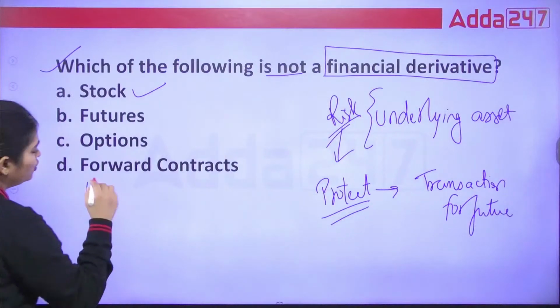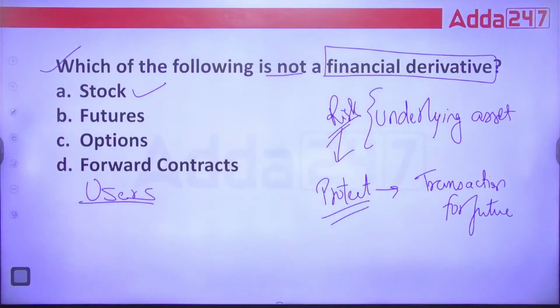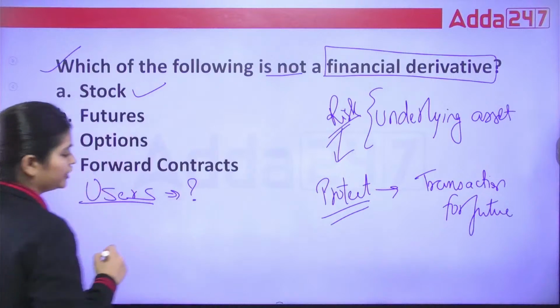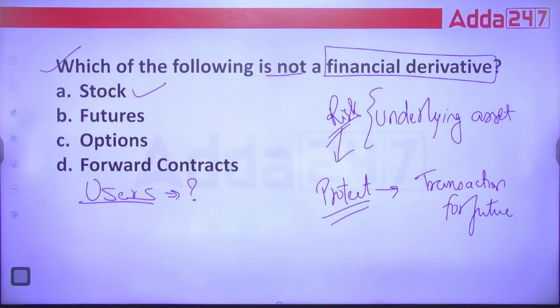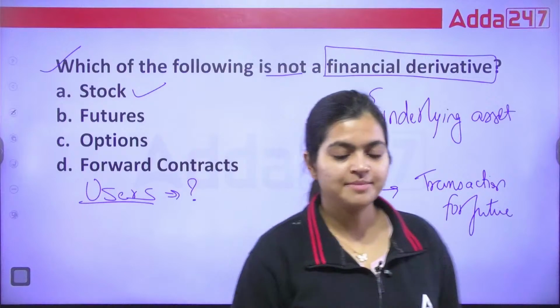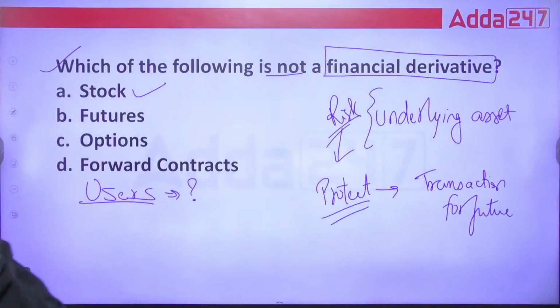Can you tell me how many types of users we have under this derivative?